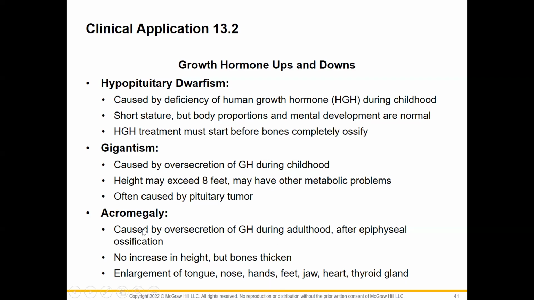So people who have acromegaly, their physical appearance starts to shift from their adult look to a sort of typical look of those people that have acromegaly. If you know who Andre the Giant is, Andre the Giant had acromegaly. He may have actually had an increase in growth hormone production before his growth plates closed.